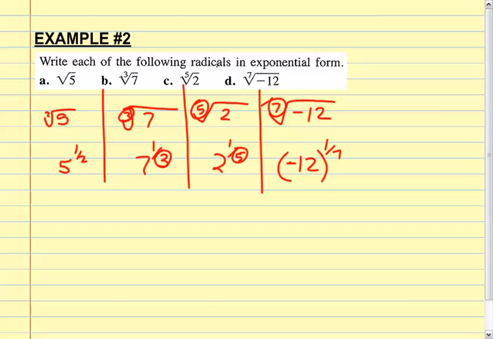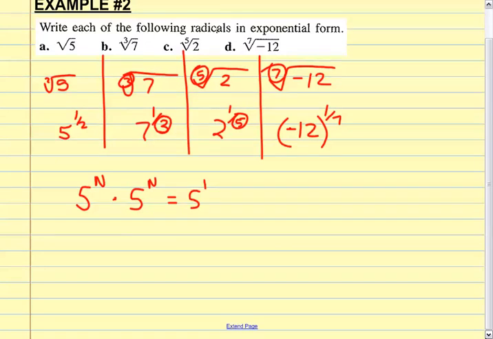Well, let's say I've got 5 to the n power times 5 to the n power. Let's say that equals 5 to the first, right? Okay. Well, let's keep working with that for a moment.